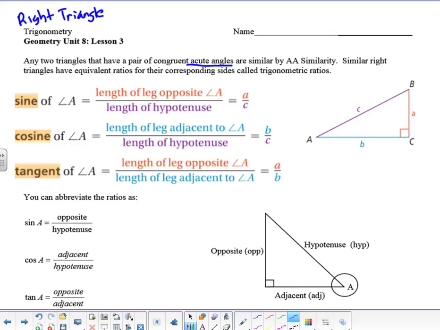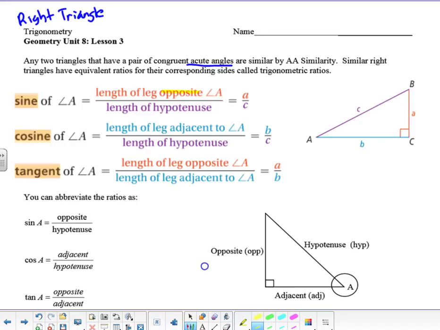The sine, spelled S-I-N-E, of angle A is the length of the leg opposite A, which you'll see over here is side A in the triangle, over the length of the hypotenuse, and C is representing the hypotenuse. I'm going to highlight the key parts for you to remember.